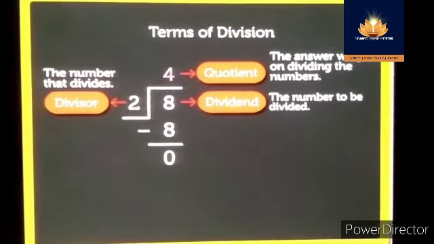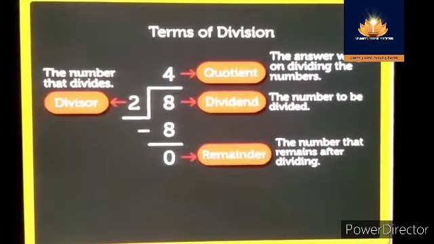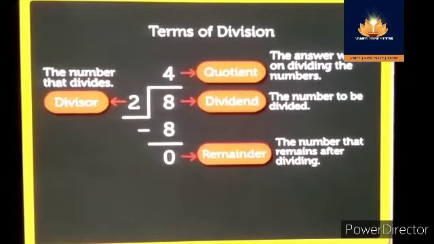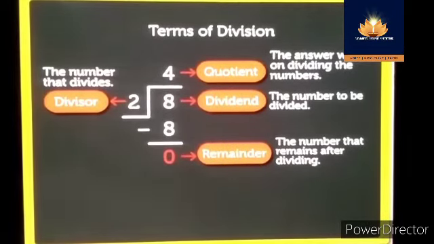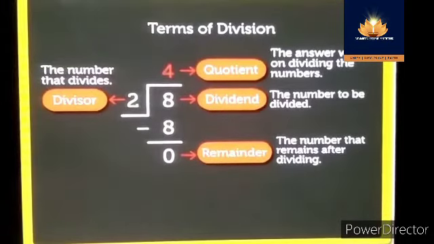Here the number 4 is the quotient. Then the number that remains after dividing is called remainder. Here 0 is the remainder. Did you notice that the quotient is equal to the number of times we subtracted? These are the terms of division.